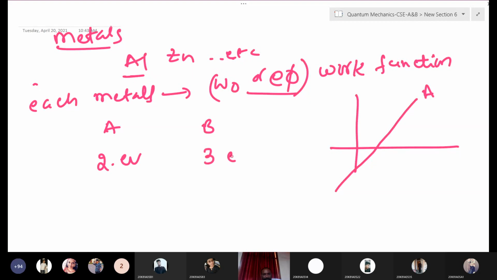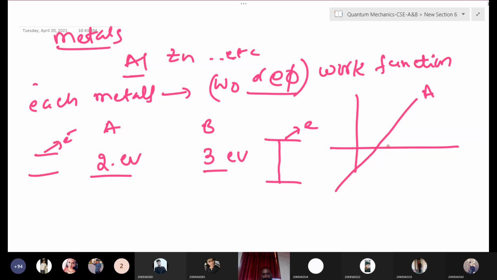Which metal requires higher energy to eject the electron? B metal, right? So here you need more energy to eject the electron, and there you need lesser energy. It depends on the metal's work function.